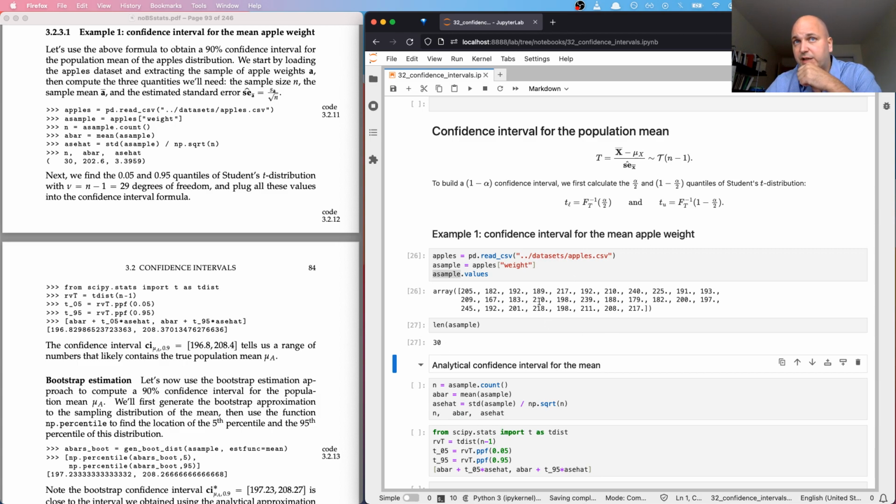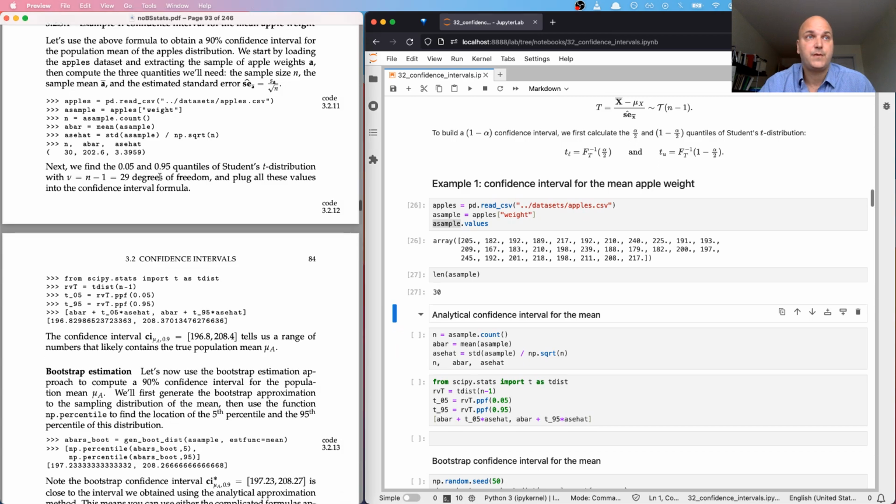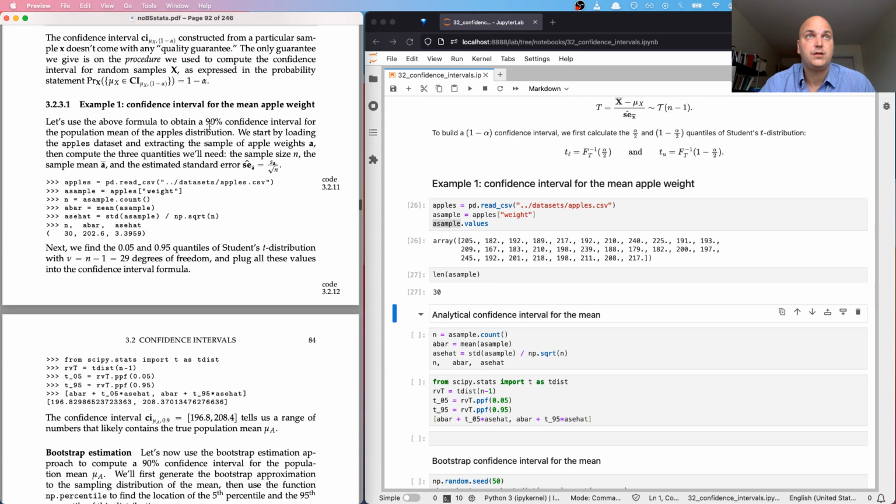These are the weights in grams of 30 apples picked randomly from this year's batch. We want to obtain a 90% confidence interval for the population mean. So what is the average apple weight?